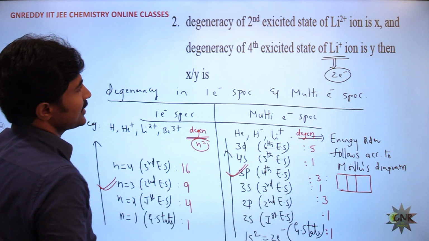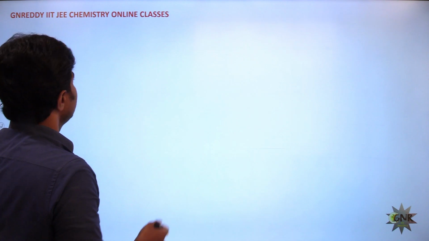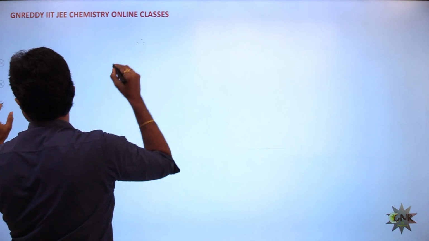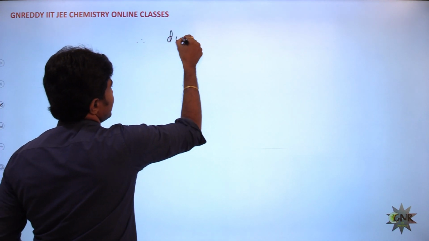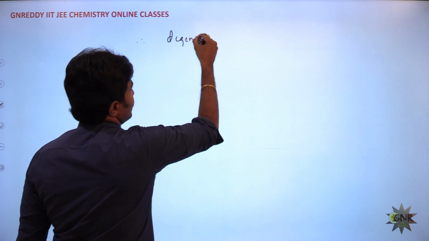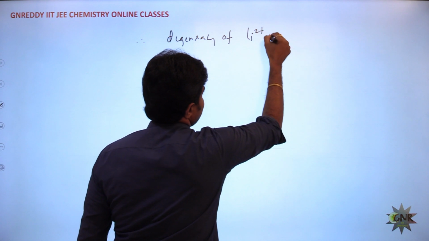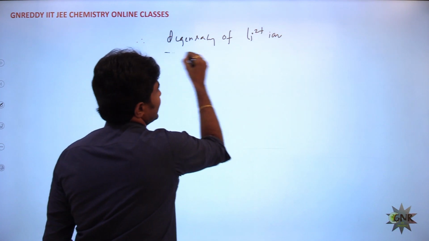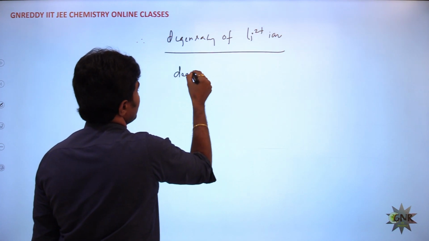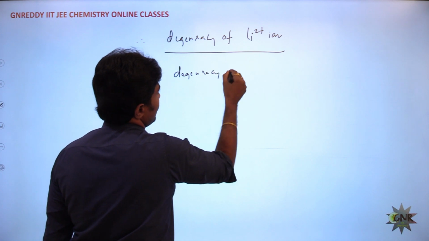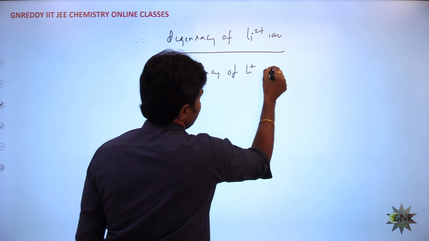Now according to this, the ratio is the degeneracy of Li2 plus ion by the degeneracy of Li plus ion.